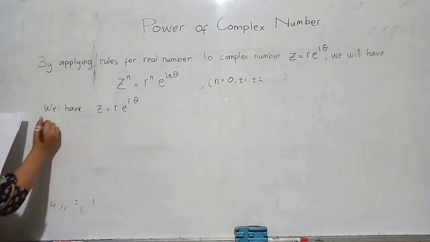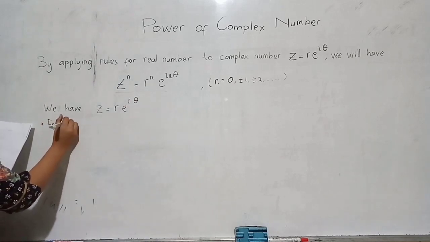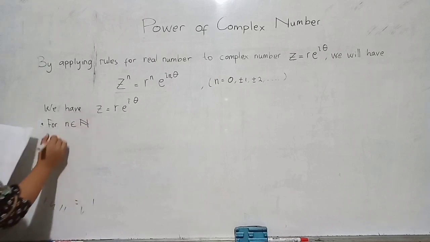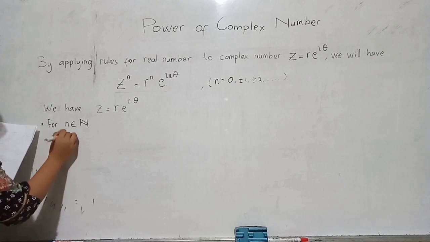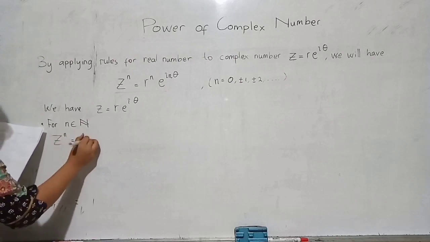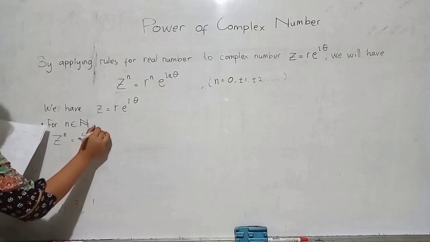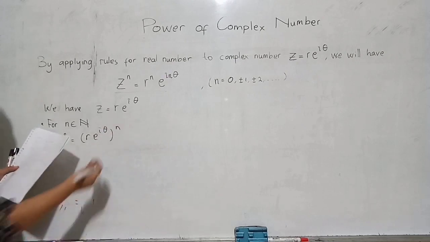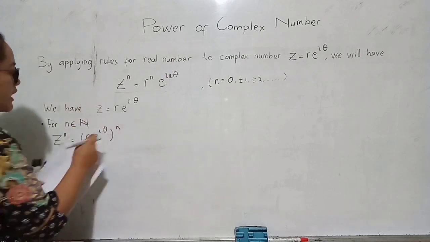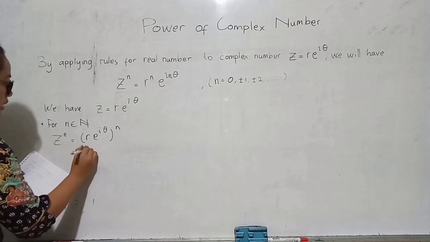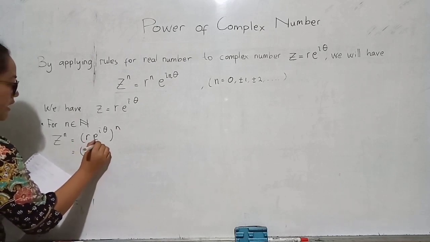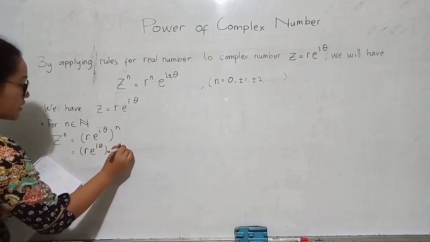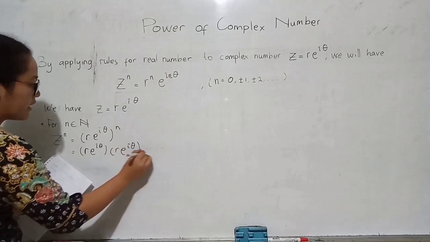For n an element of natural numbers, Z power n becomes, like usual, (r times exponential i theta) power n. Because we apply rules for real numbers, this becomes r times exponential i theta times r times exponential i theta, and so on.